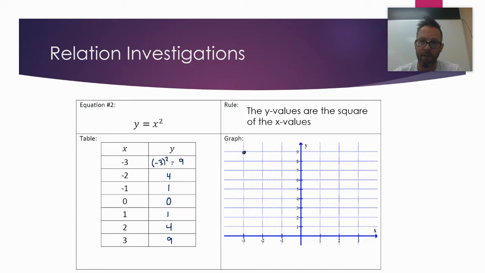Plotting these, hopefully this graph looks familiar from your grade 10 course. It is the basic parabola. This is the basic parabola, y equals x squared. It has a vertex of 0, 0, and it opens upwards.